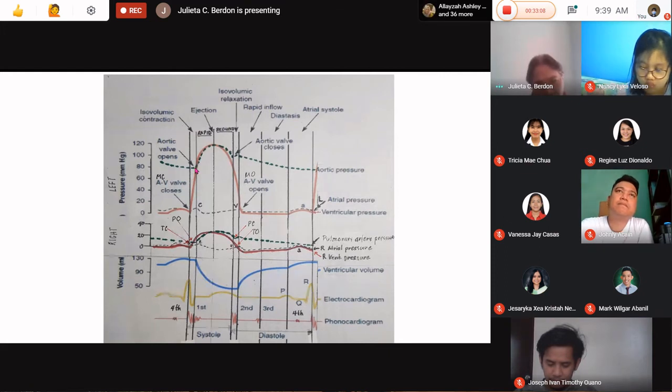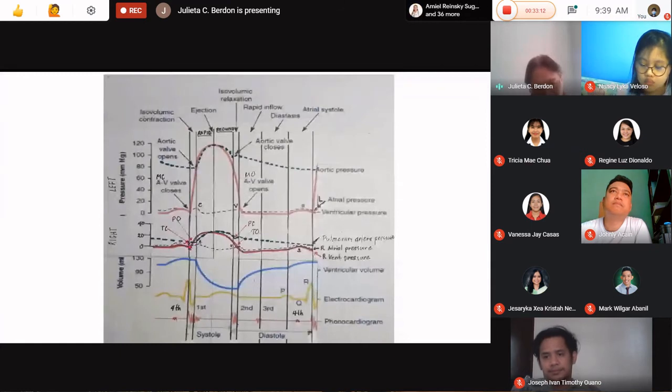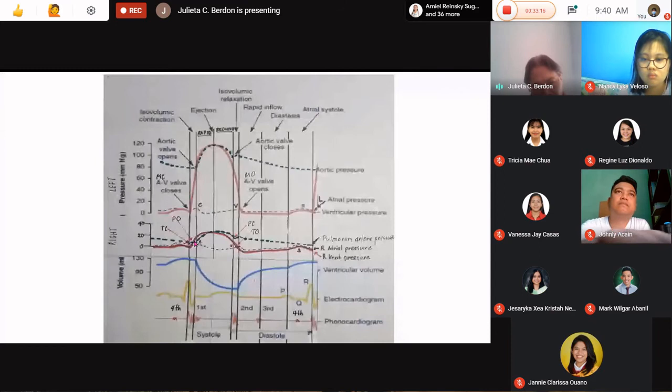The same is true here. The pulmonary valve will open the minute right ventricular pressure becomes greater than pulmonary artery pressure.